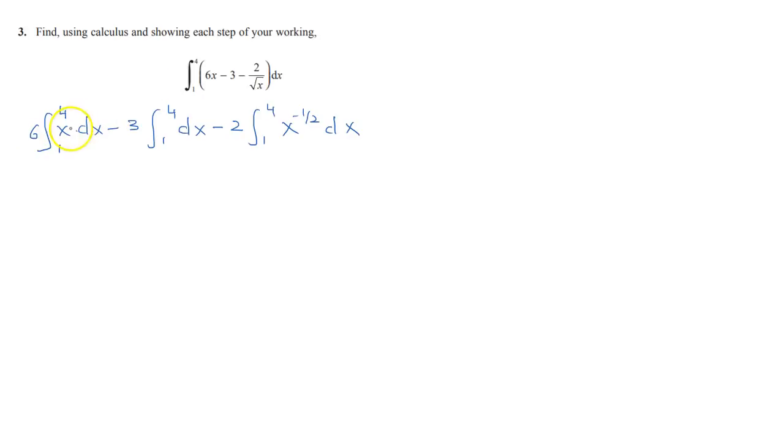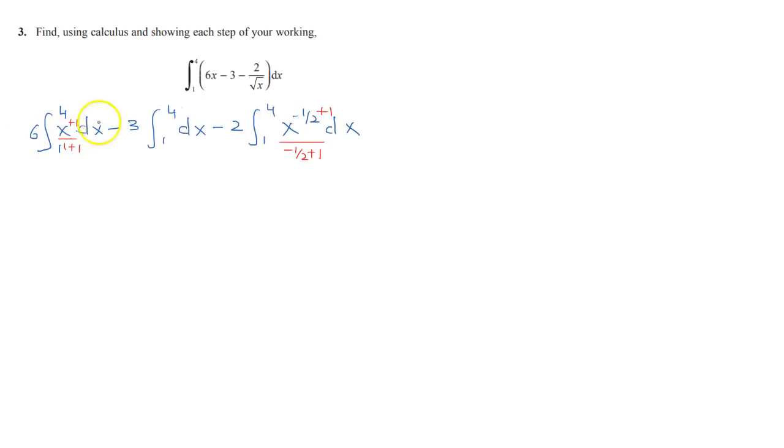When we do the integration, we add 1 to the power, and divide by the new power. So this is plus 1, this is plus 1, divided by minus half plus 1, and 1 plus 1.